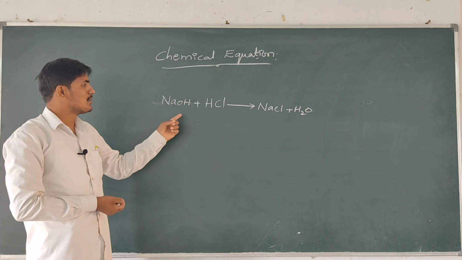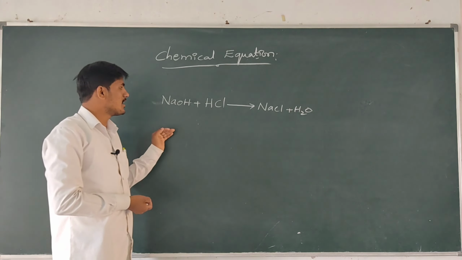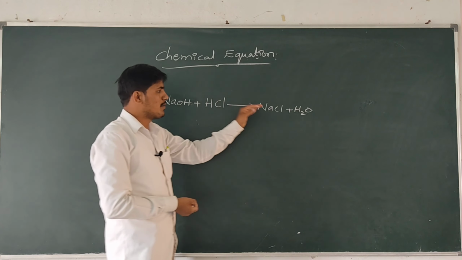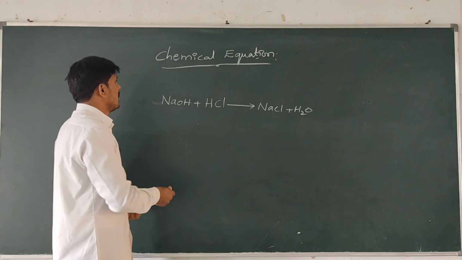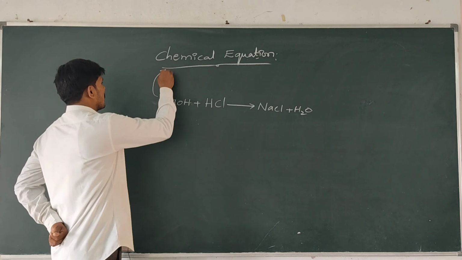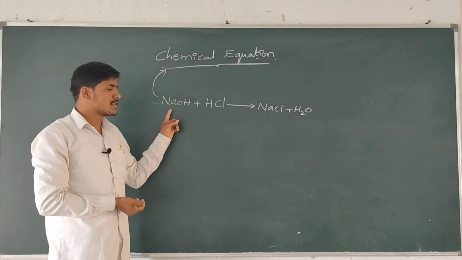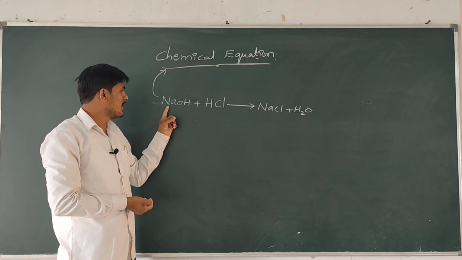Two or more compounds undergoing a chemical reaction are rearranging their positions and forming a new substance, which is called a chemical reaction. In a chemical equation we use symbols. What is the symbol of sodium hydroxide?